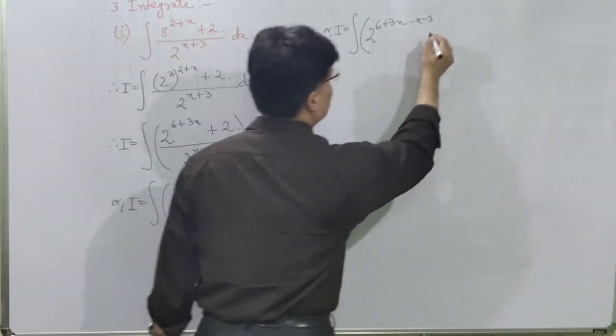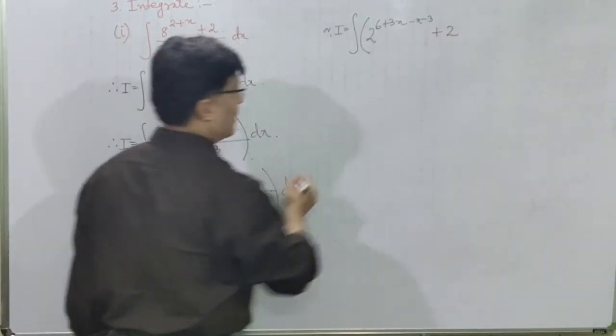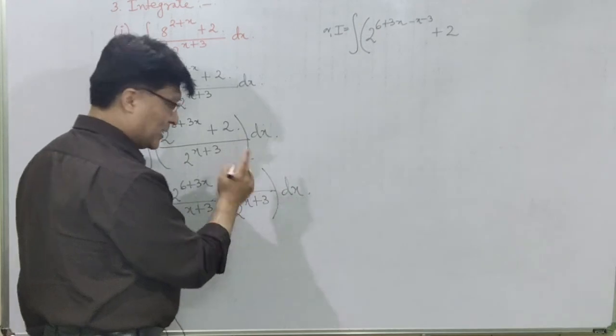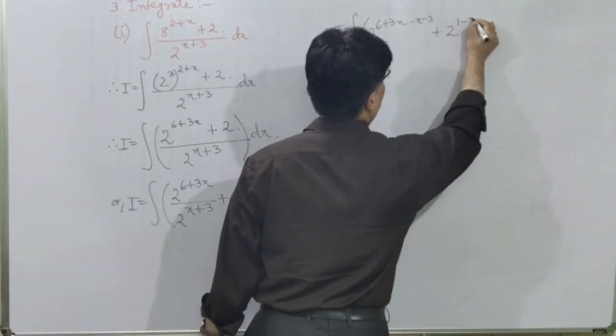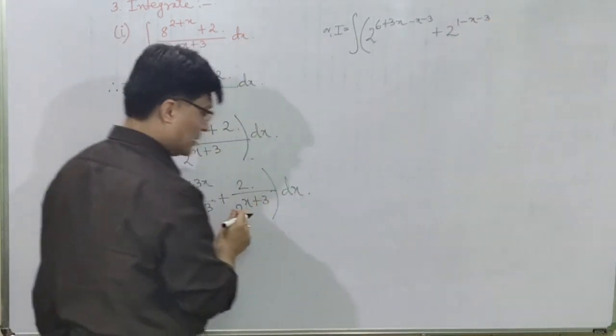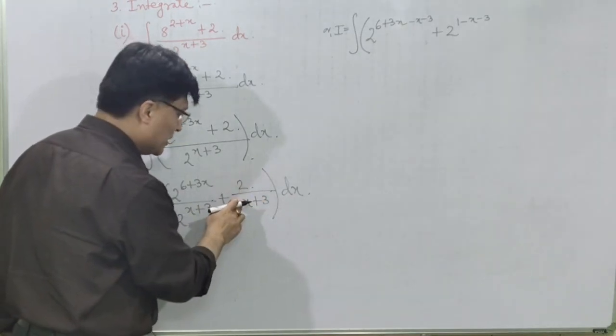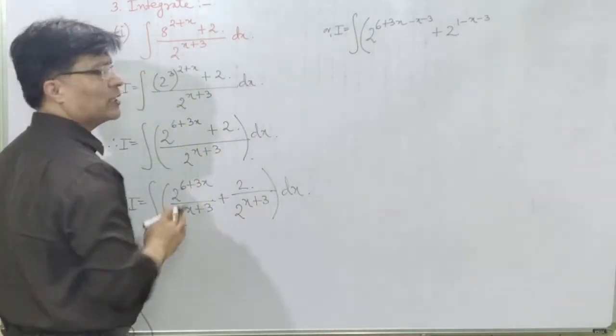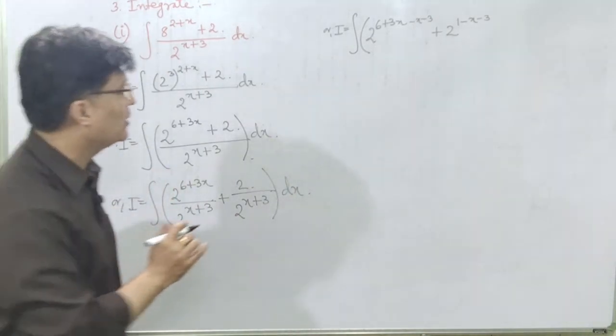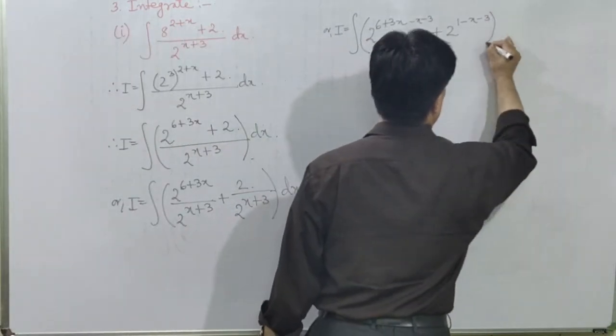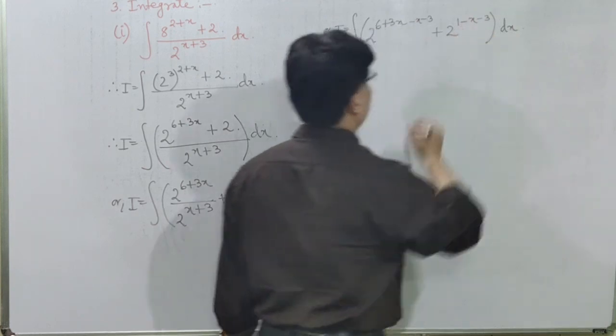Then you should write plus 2 to the power, here the power is 1, so 1 minus x minus 3, right? Only 2 is there, that means the power is 1. When plus x plus 3 goes up in the numerator, it becomes minus x minus 3. Bracket closed, then you should write dx.